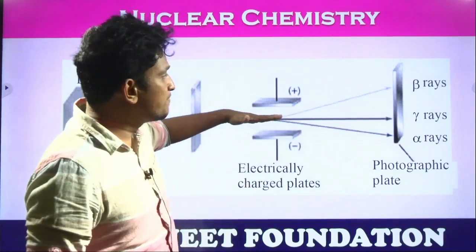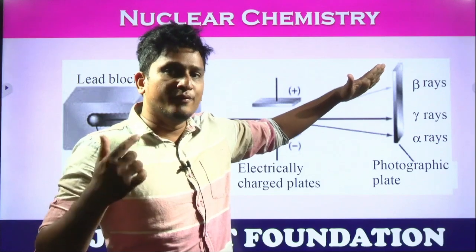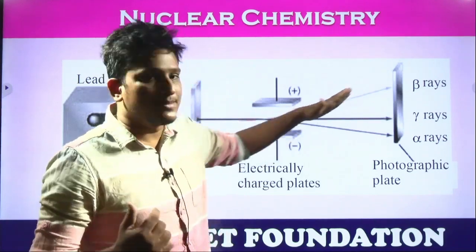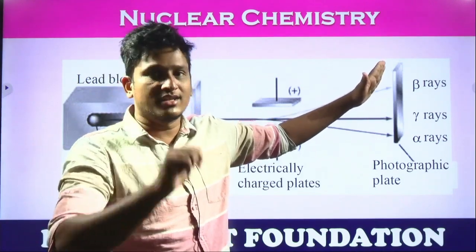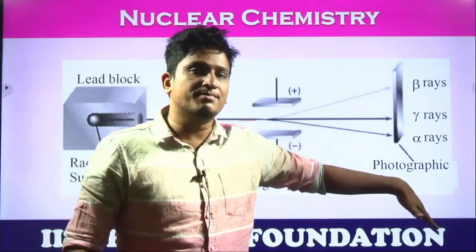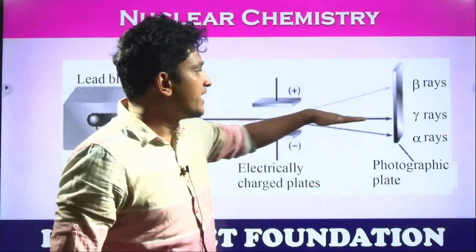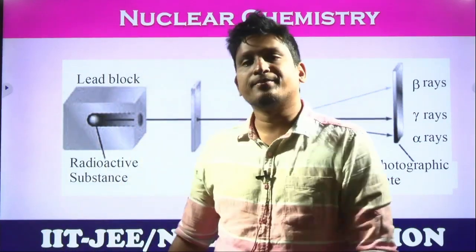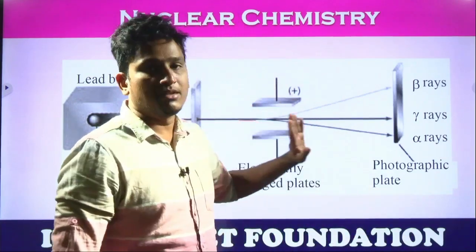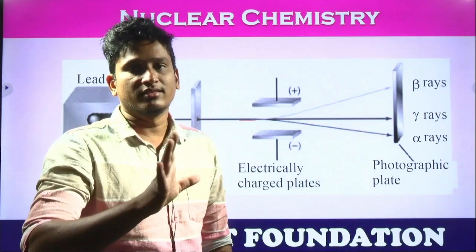The ray which bends towards the positive terminal is made up of which charge? It is bending towards the positive, that means it is negatively charged particles. The ray bending towards the negative terminal is made up of positive particles. And the straight one is not influenced by either terminal, positive or negative, that means it is neutral.